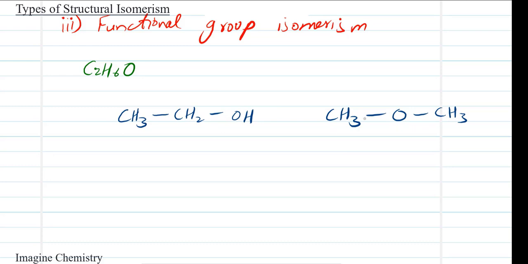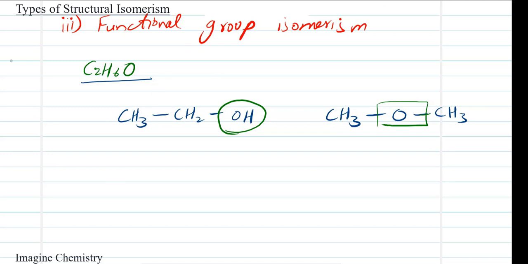So this dimethyl ether and ethyl alcohol have a similar molecular formula, but the difference is in the functional groups. Here there is an alcoholic functional group, whereas here is an ether functional group. So in case of functional group isomerism, there is a difference of functional groups between the two isomers.